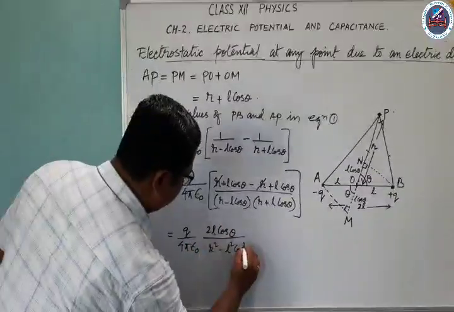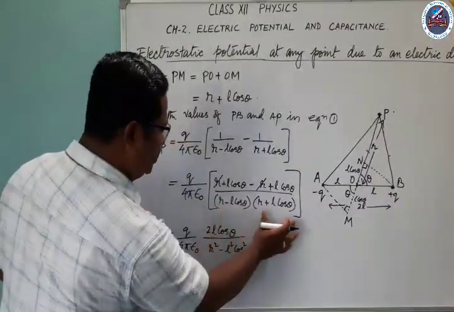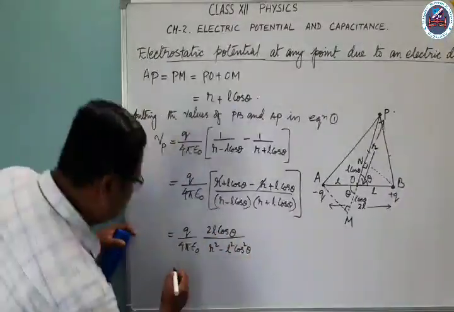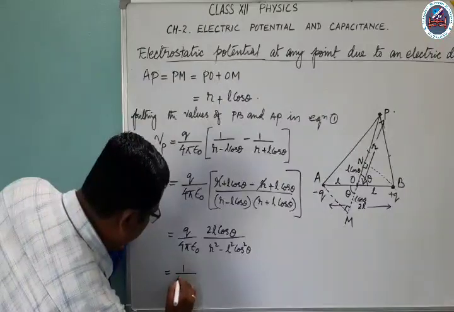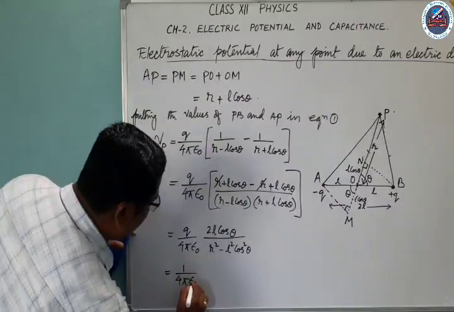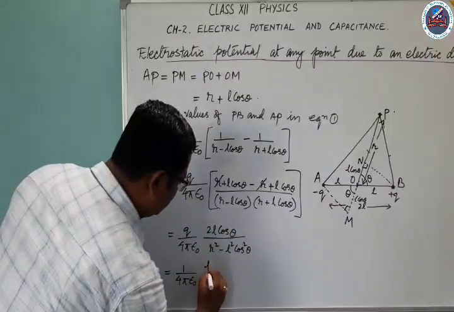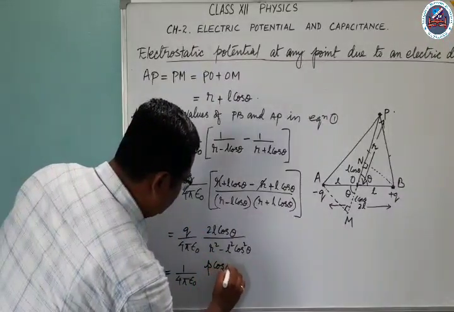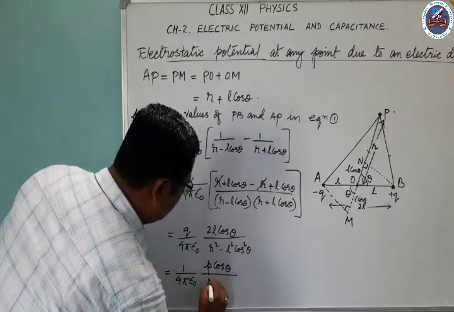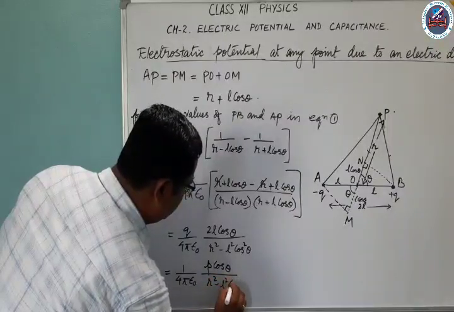Downside you get, because it is in the form of a minus b into a plus b, then this one I will separate the constant term. Q into 2L gives us the dipole moment P cos theta divided by R square minus L square cos square theta.